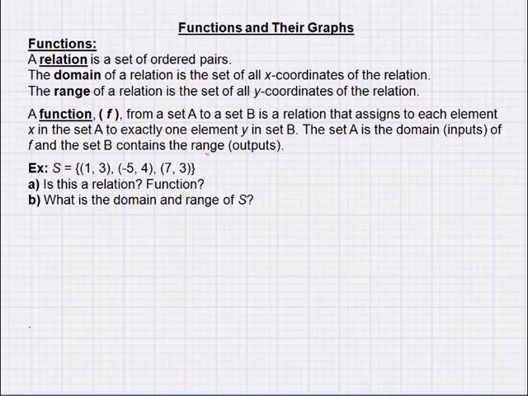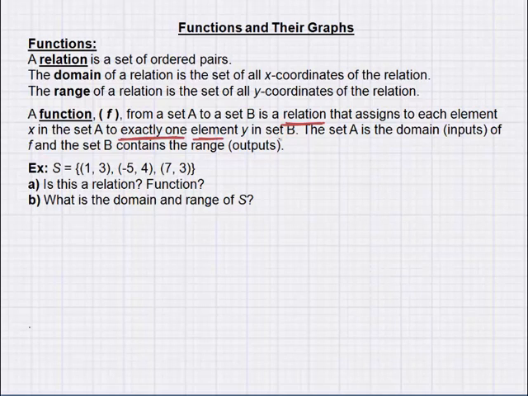You read that, it might not make a whole lot of sense, but one thing you need to get out of it is that it's a type of relation, so it means it's a set of ordered pairs, and it groups the ordered pairs in a specific way, such that each element in the domain gets matched to exactly one element in the range. And this is a key word: exactly one element in the range, or the second set.